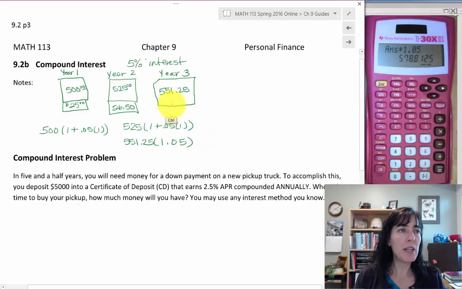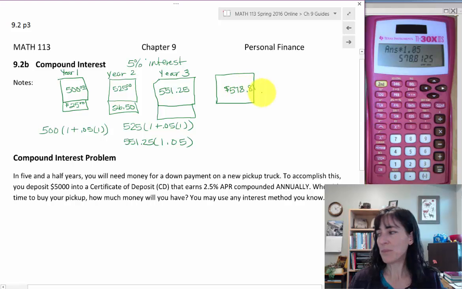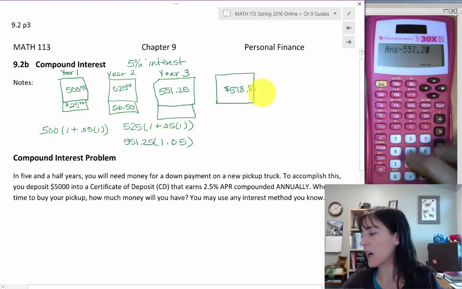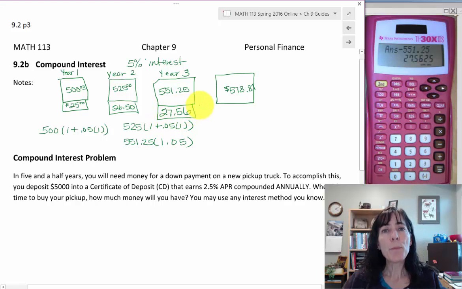And we're getting another chunk of interest so that at the start of the 4th year, we're going to have 578.81. So I'm just going to subtract off that 551.25 because I want to write in how much interest I earned, which was $27.56.